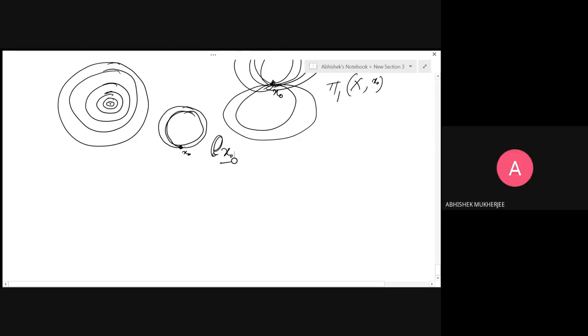If the spaces are disjoint, then how can you define a homotopy between paths? You can define a homotopy between paths, but the paths are not homotopic, because you cannot go continuously from one path to another. Okay.